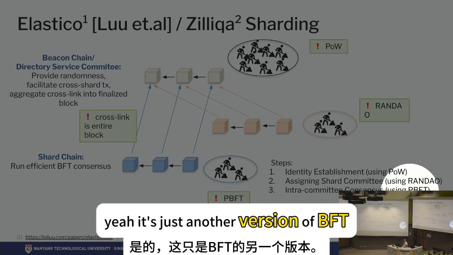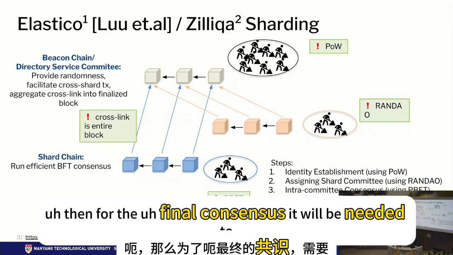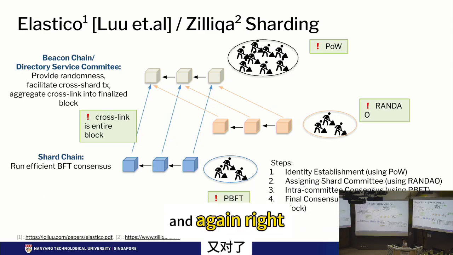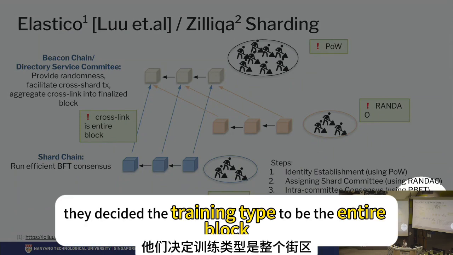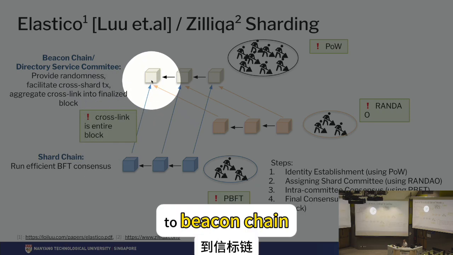Okay, cool. It's just another version of BFT. No big deal. Then the final consensus needs to be broadcast to the beacon chain. And again, right, they decided the chaining type to be the entire block, and that's where they upload the whole entire block to the beacon chain.